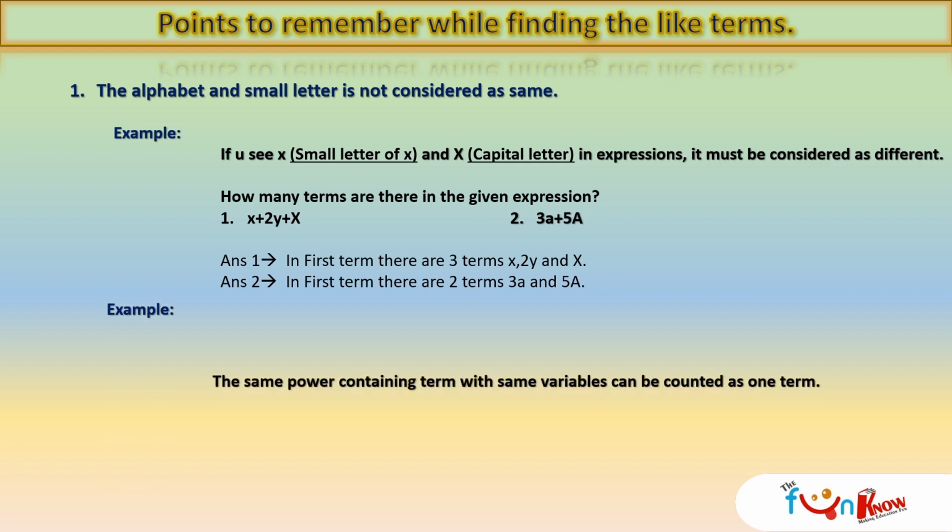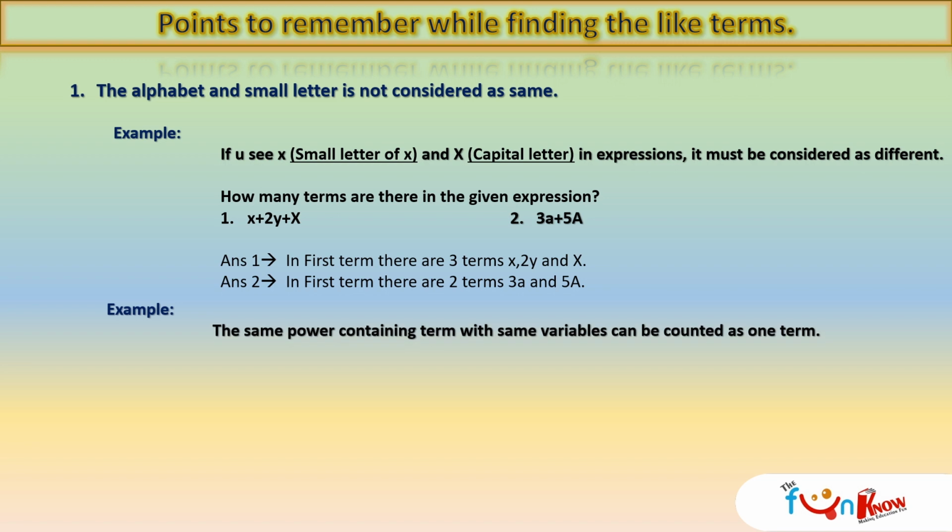Now, students, let us understand the second point of how we are going to find like terms. Terms containing the same variables with the same power can be counted as one term. It means if there is the same power and the same variable, you can count that as one term. Let us check with an example, students.